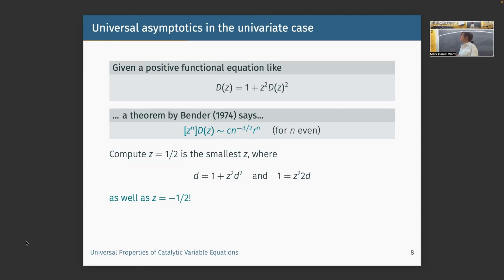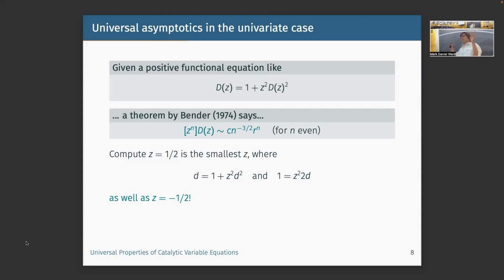So these two equations have to be satisfied. You plug this into the computer and compute, okay, z equals 1 is the smallest set where this is satisfied. And then you'll also notice that z equals minus 1/2 is also a singularity. So the singularities cancel for n odd, but in general, this is what gives you these asymptotics.